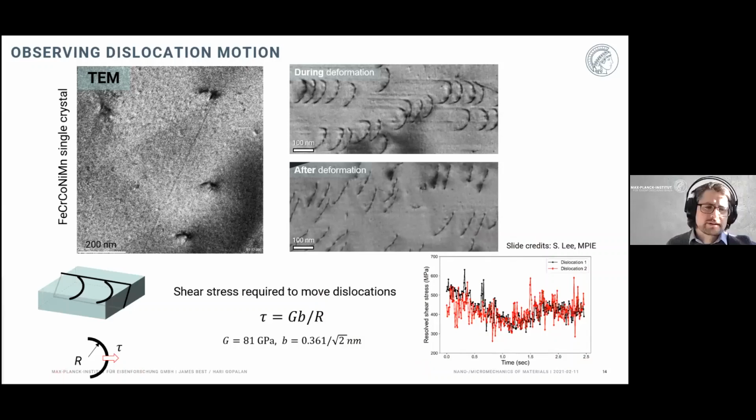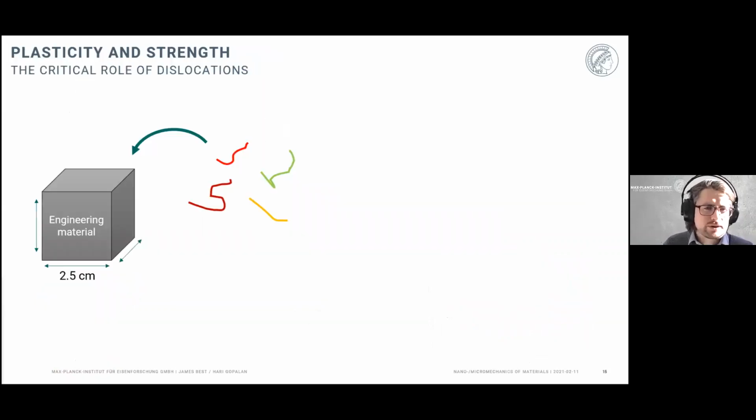So we've basically established that dislocations, or at least defects in crystal structures, mediate this plastic deformation behavior. Right. But then my thoughts are, how important is this? One way that I like to imagine this is to take a cube of engineering material, which is maybe slightly bigger than a sugar cube.